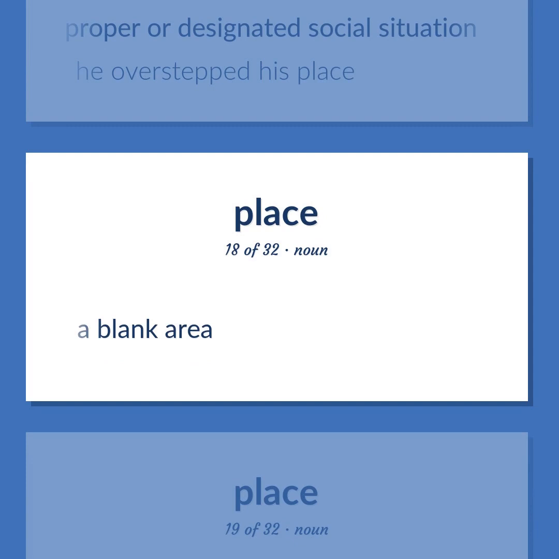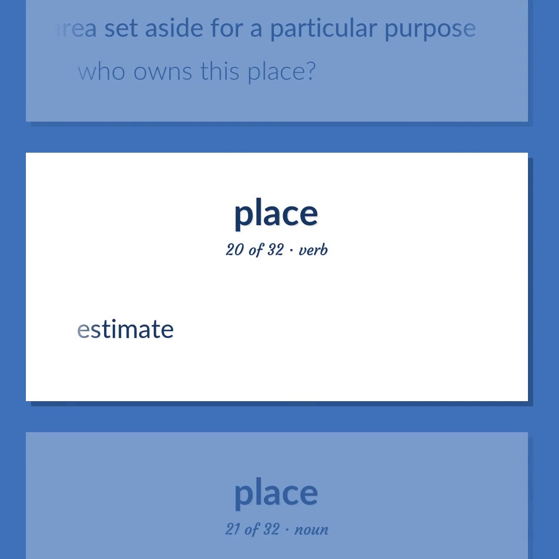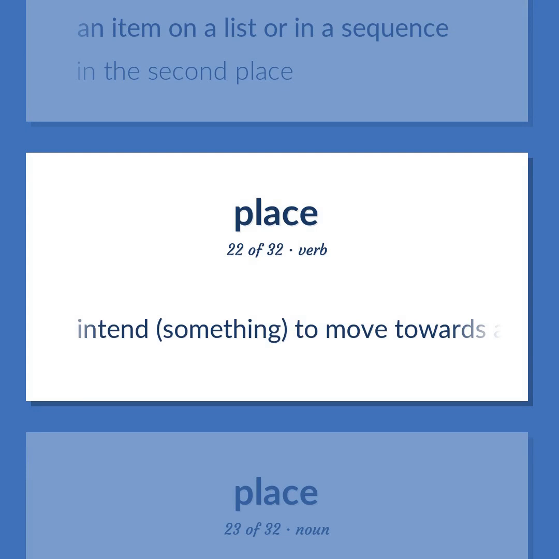A blank area. Any area set aside for a particular purpose. Who owns this place? Estimate. An item on a list or in a sequence. In the second place. Intend, something, to move towards a certain goal.